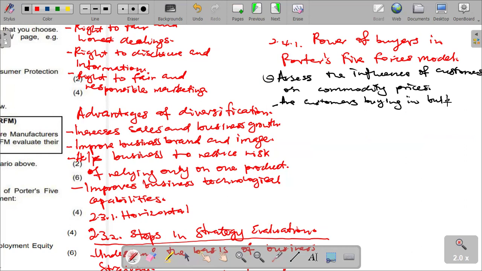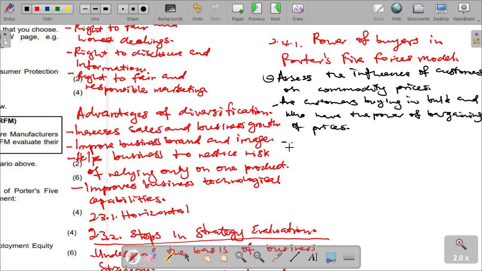Who has the power of bargaining of prices? When customers are buying, who has the influence in determining the buying behavior in terms of price setting and negotiation, who has the influence in deciding the pricing of the products.